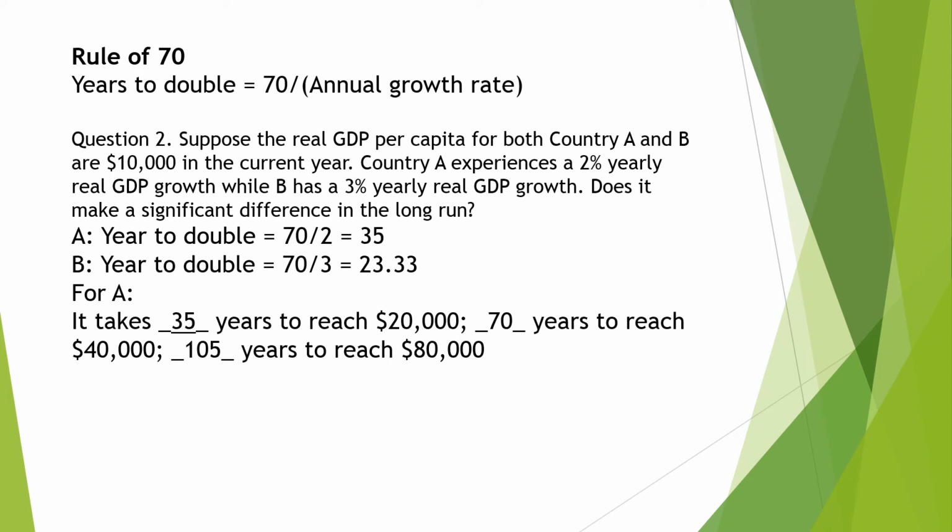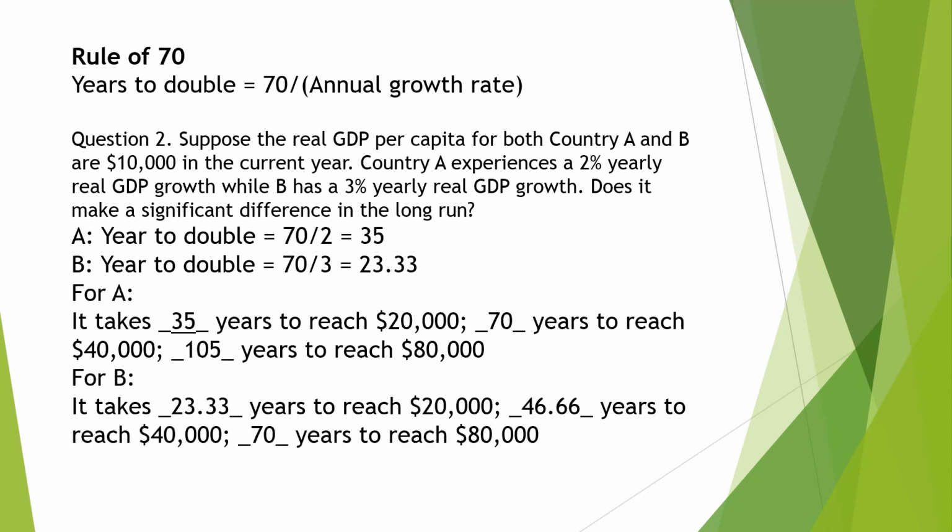The third double is from 40,000 to 80,000. We add another 35 years on top of 70 to get 105 years to reach 80,000. So this is for country A.